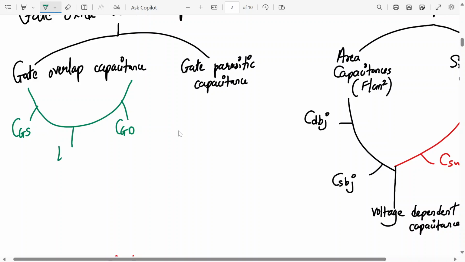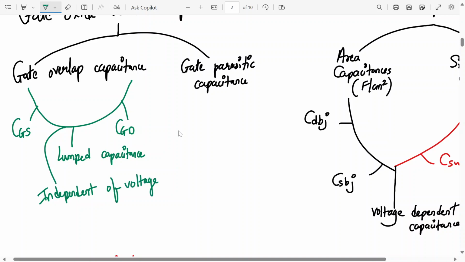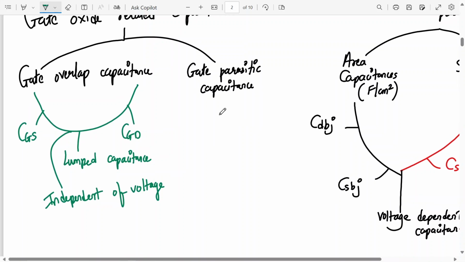These two capacitances are lumped capacitances, meaning they cannot be distributed, and they are independent of voltage, because they are present due to the drain and source overlapping with the gate. The unit is farad, since area is already taken into consideration.